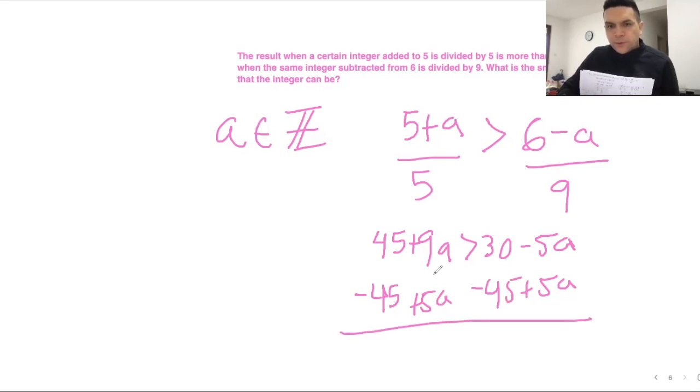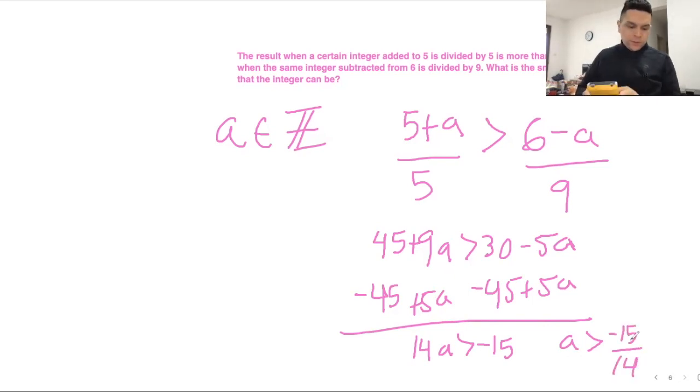This would be 0, this would be 14a, this would be 0, and this would be negative 15, right? Then we divide by 14 and we get a is greater than negative 15 divided by 14, which is negative 1.0714.